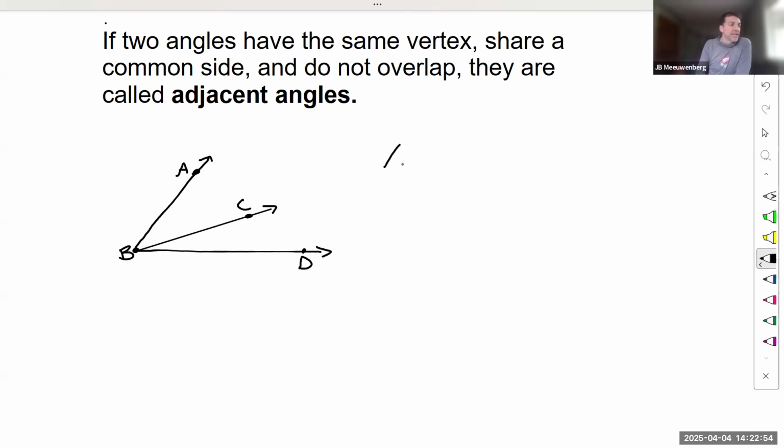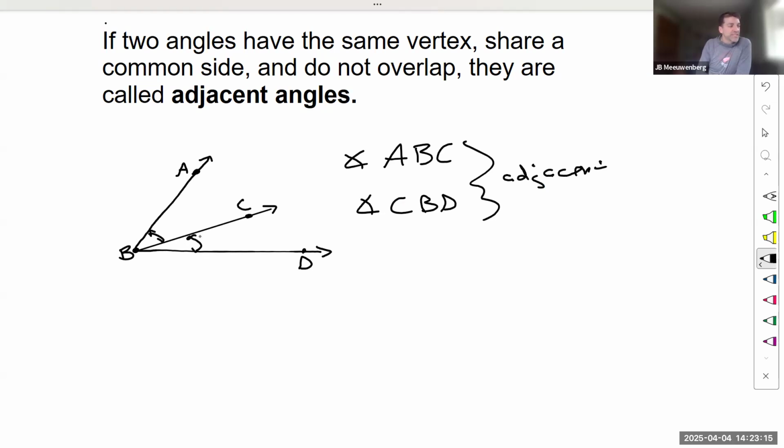So we could say that angle ABC, which is this angle, and angle CBD, which is this angle, are adjacent. Again, they share this common side BC, they don't overlap, and they have that same vertex.